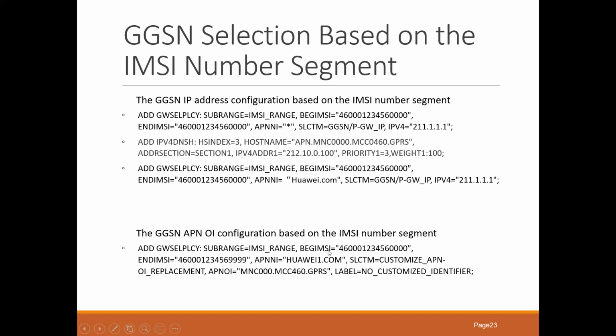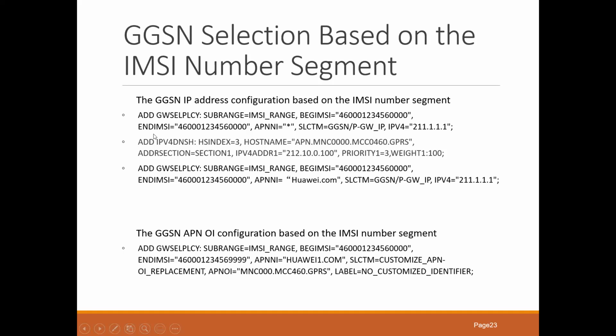And this command is for adding a specific operator index to it. I mean, if you have some specific requirement where you need to replace the operator ID against these APNs, you can do it for that specific IMSI. The operator ID, for the MNC and GPRS, can be replaced for this network identifier of the APN part.